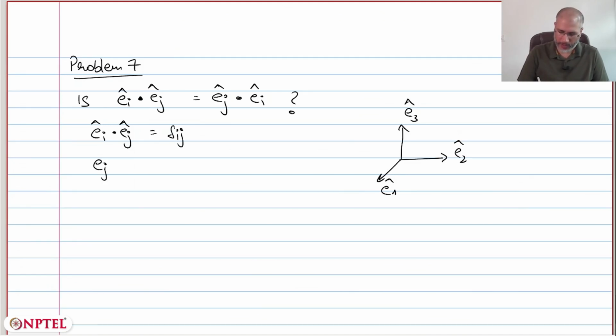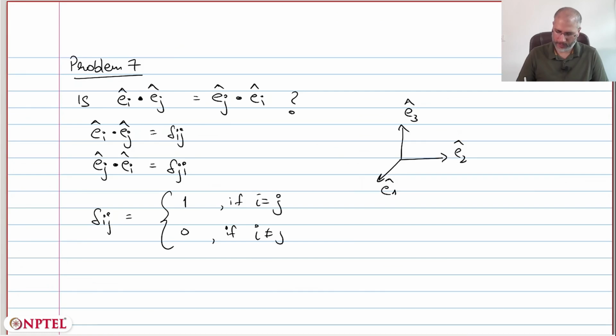Similarly, ej dot ei is going to be delta ji, but we already know, or we can see easily, that delta ij is the same as delta ji, because by the definition of delta, let's write it down. This is equal to 1 if i is equal to j, and this is equal to 0 if i is not equal to j. So we can see easily here that the definition of delta does not depend on the order of the indices i and j.